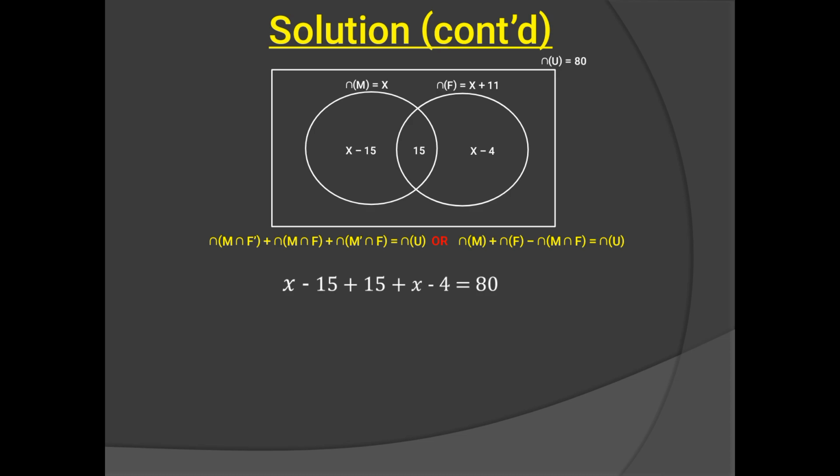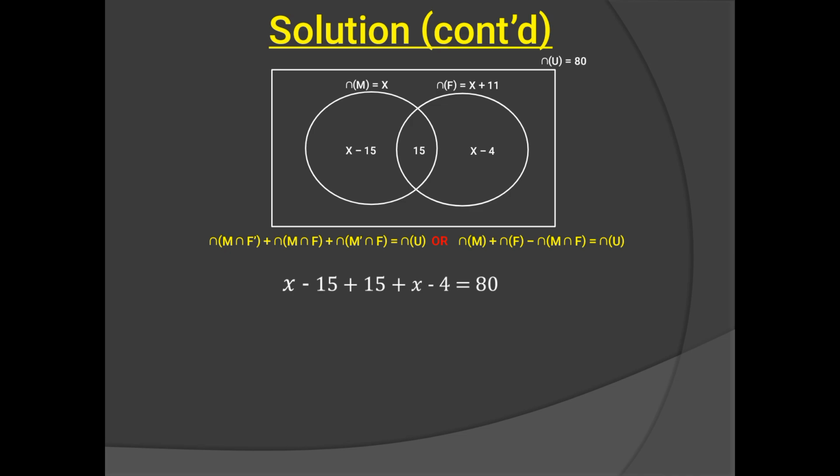So when you see the ones with the complement, that is the one we are not talking about, that is out. So M intersection F complement means we are talking about M. M complement intersection F means you are talking about F.